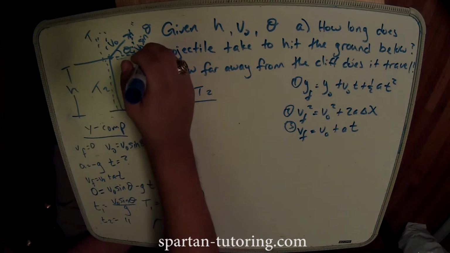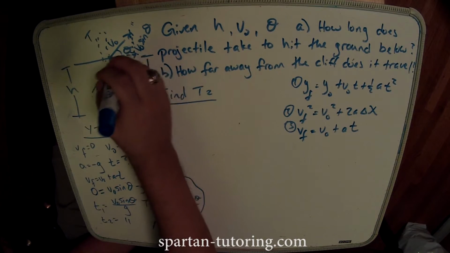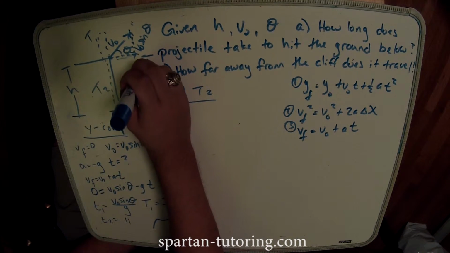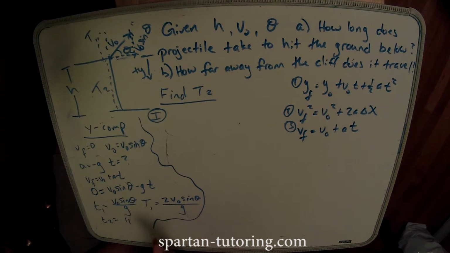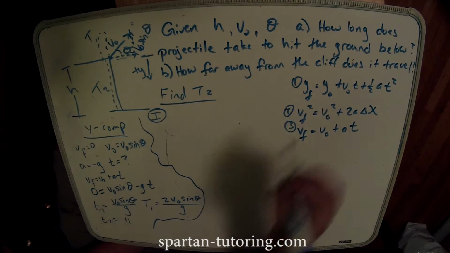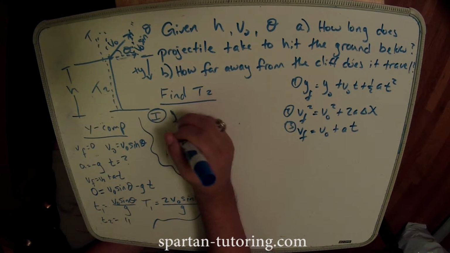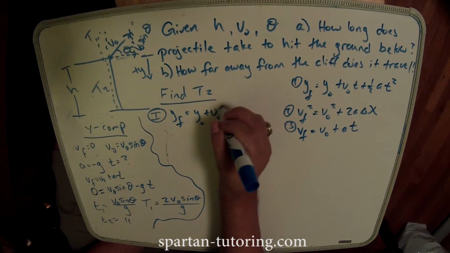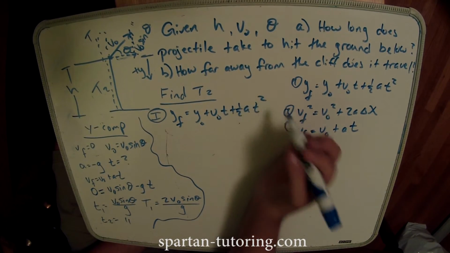Now what I can do here is, since this is a completely separate system, and whatever I had up top I completely ignore for a sec, I'm going to call down the positive y just for this system. Okay? So using the first equation, equation 1, I have y final is equal to y initial plus v naught t plus 1/2 at squared.